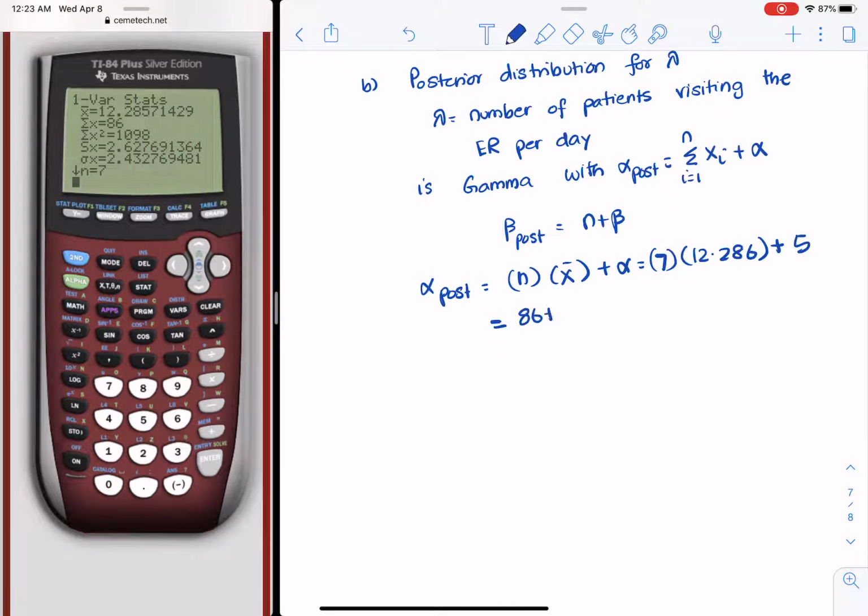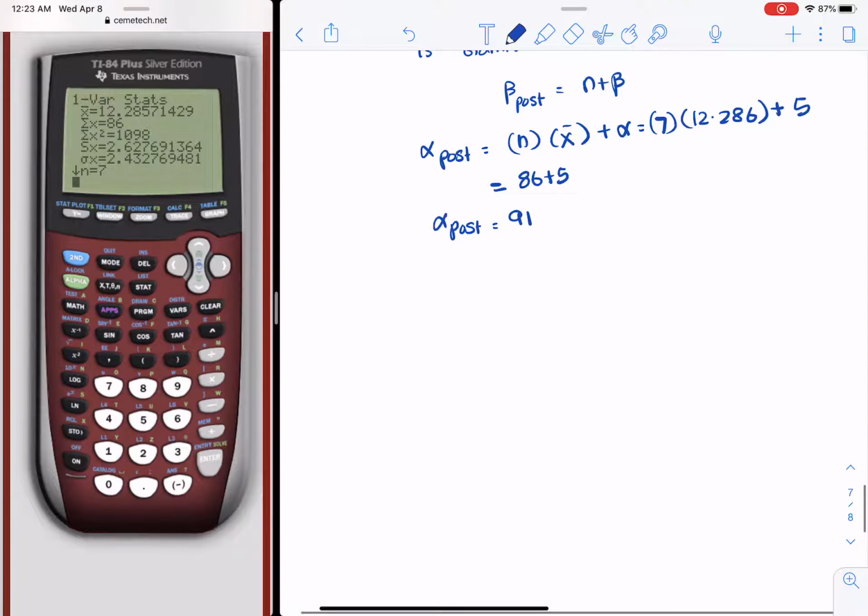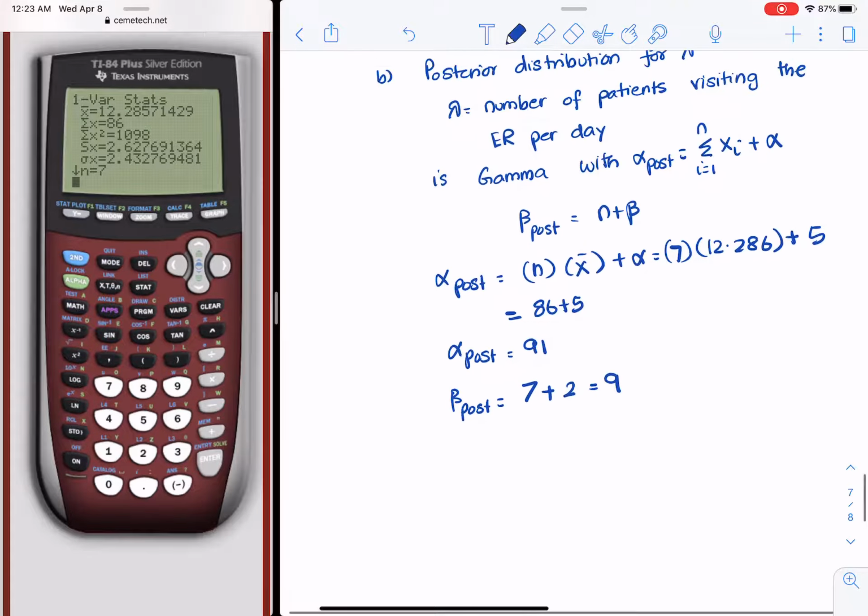So 86 plus 5, alpha post is 91. The posterior value of beta is simply the sample size, which is 7 observations, plus 2, we get 9.